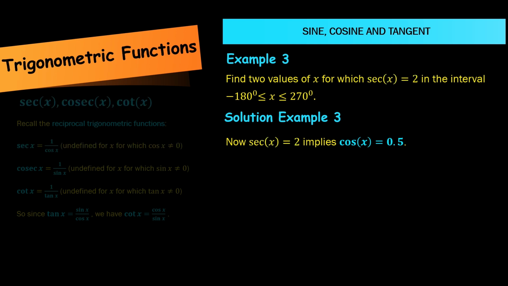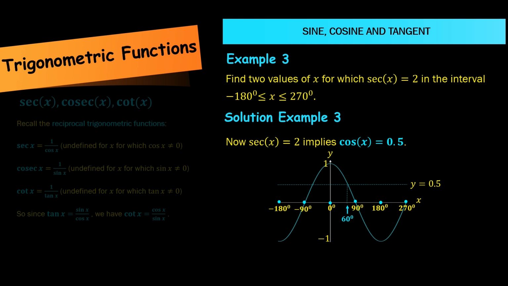So let's now take a look at cos x equals 0.5. Here's the graph of cos in the given interval. If we draw a line at y equals 0.5 as shown, we can see one solution, at least, at 60 degrees, as indicated.